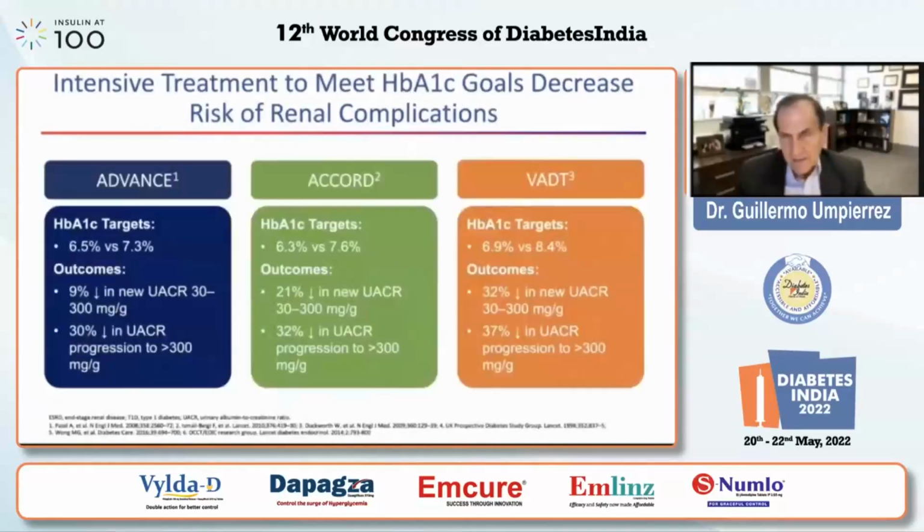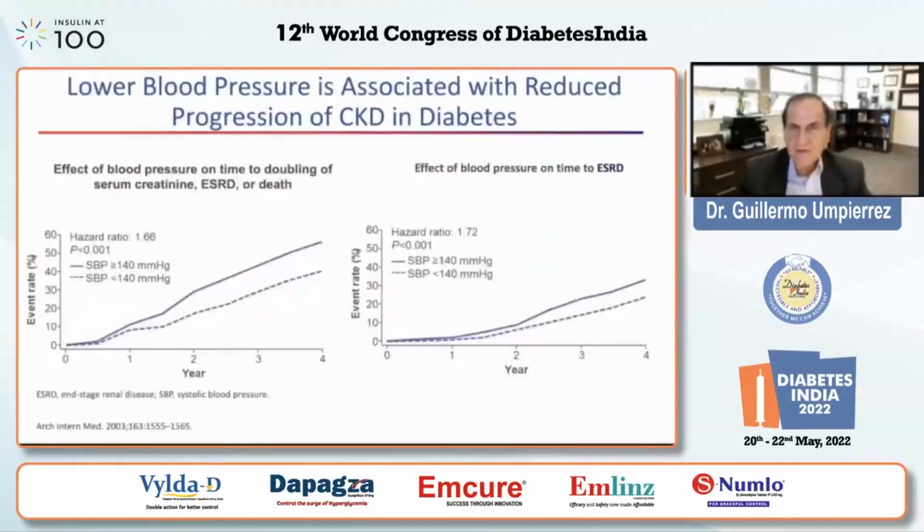And in the third trial, the VADT, the Veterans Administration Diabetes Trial in type 2 diabetes, good glycemic control, less than 7 versus 8.4, reduced urinary albumin creatinine ratio by 30% and progression of the disease by 37%. So glycemic control is quite important. All the trials, type 1, type 2, new trials, have shown the same beneficial effects.